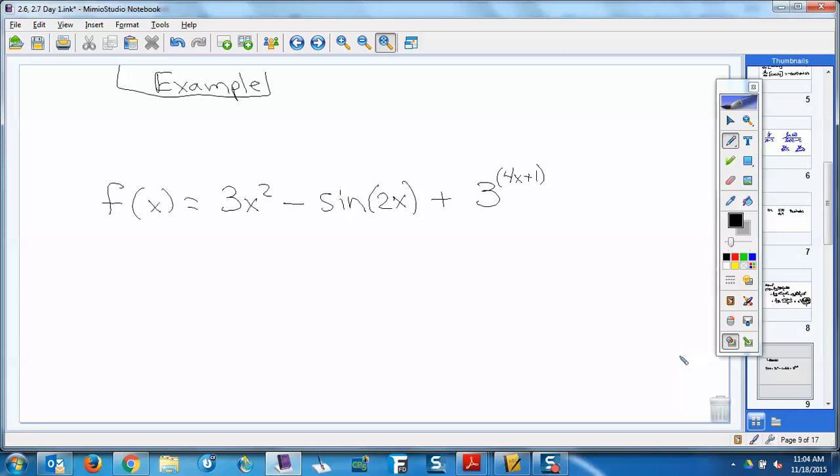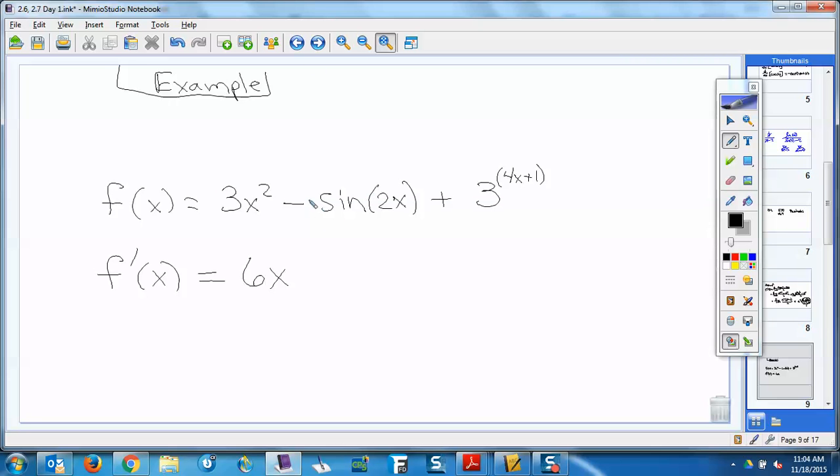Then it's just a matter of combining all those different rules we have. So f prime of x would equal the derivative of the first term, 3x squared, is 6x. That's our power rule, along with the rule that says you just leave the 3 out in front, right? You bring the 2 down, drop it by 1, you get 6x.